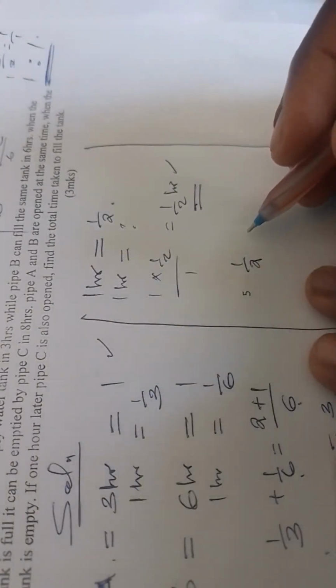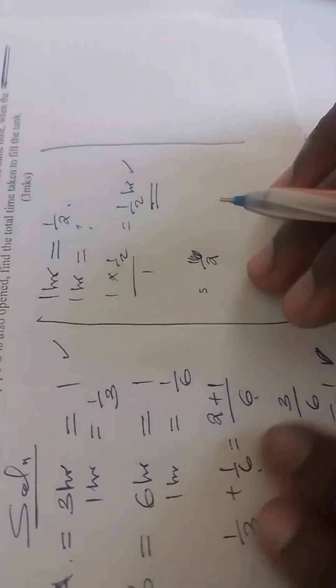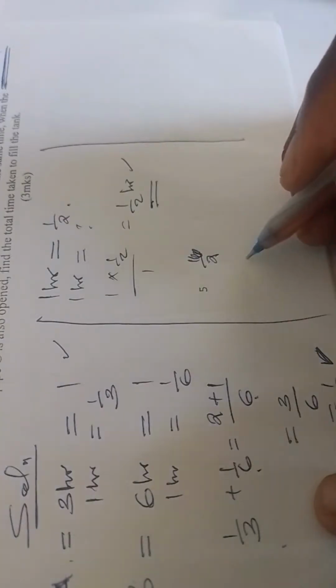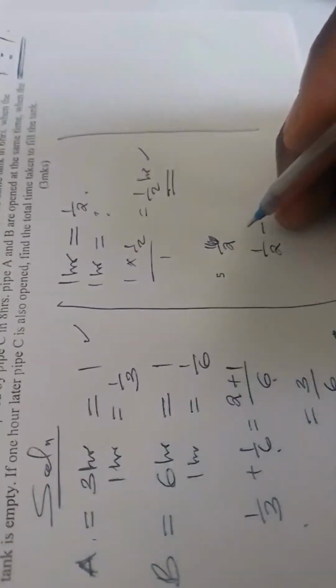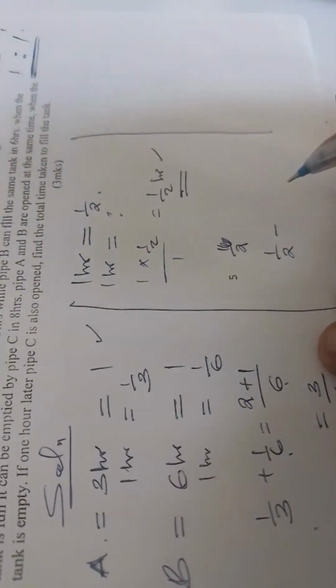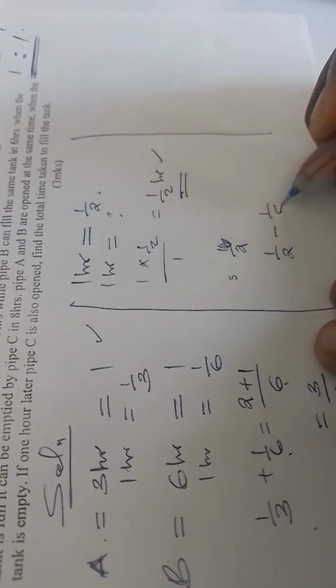We need to find the time taken for when all the pipes have been opened. Remember, pipe C takes 8 hours to empty the tank. So we'll have 1 over 2, because the fraction for A and B after 1 hour is 1 over 2, then minus that for pipe C, that is 1 over 8.